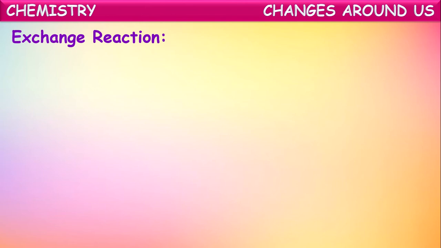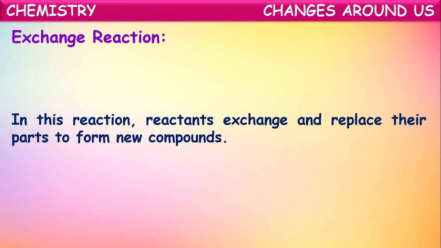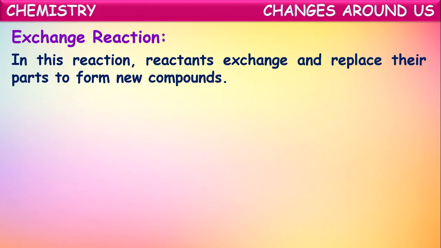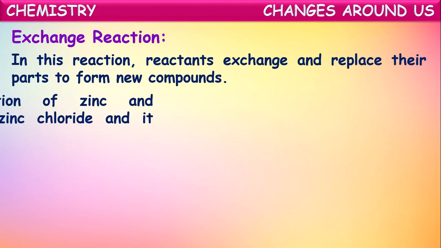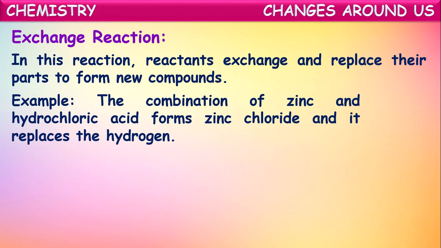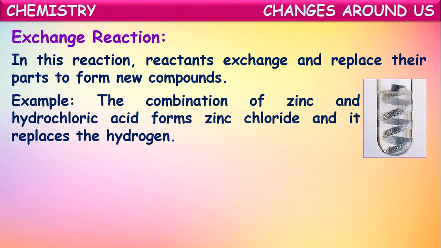Another type of chemical reaction is the exchange reaction. In this reaction, reactants exchange and replace their parts to form new substances or new compounds. For example, the combination of zinc and hydrochloric acid forms zinc chloride and it replaces the hydrogen.